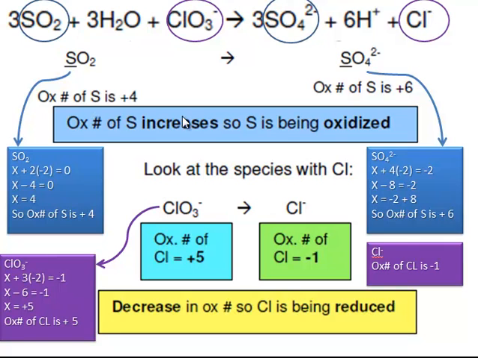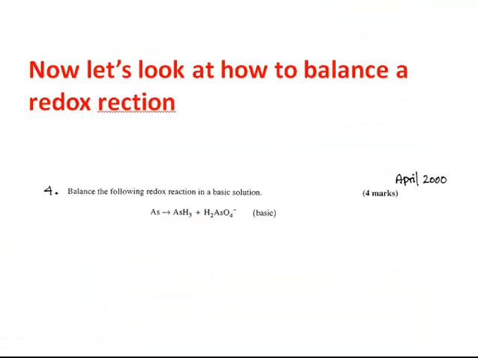So now that we've seen all the rules and saw how to determine the oxidation number, now let's look at how to balance a redox reaction. We looked at this problem in the beginning of this video, and it was in an exam. So let's see how to balance it.